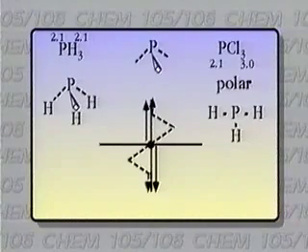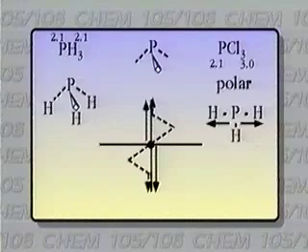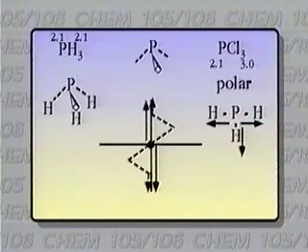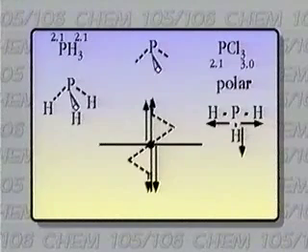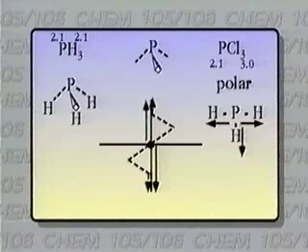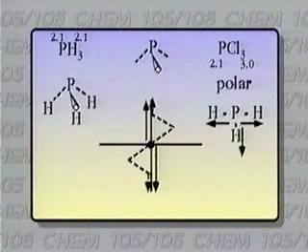This vector would offset this vector, and we would end up with a net vector here, so that yes, if the electronegativity was different, we would have then a polar molecule. So one can force them back into two dimensions to kind of look at molecular polarity.